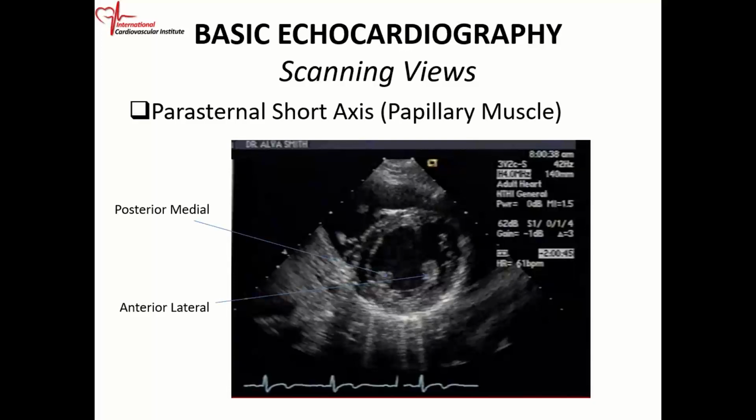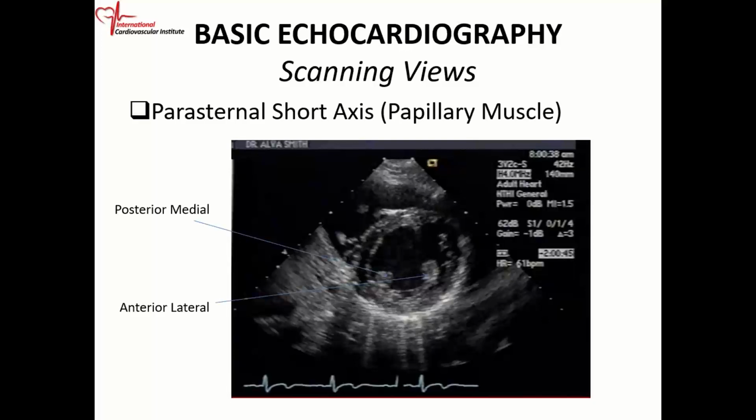It should be parasternal long axis, your RV inflow view, short axis at the level of the aorta, the mitral valve, the papillary muscle, then short axis at the level of the apex of the heart.